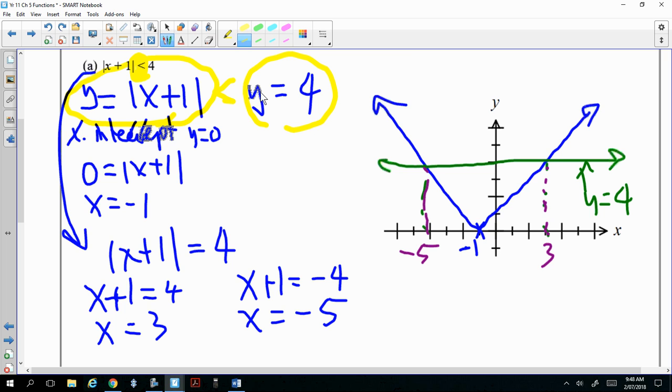What's the x value that corresponds to this? x has to be between -5 and 3. This bit here will be below this line. If you solve it, you just get the 3 and -5, but then you need to know whether it's less than or bigger than. From this graph, you see when x is between -5 and 3, it's in between.